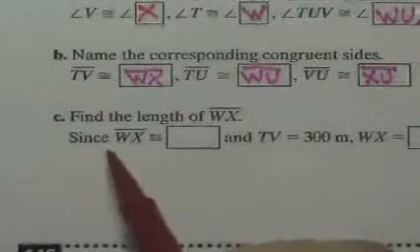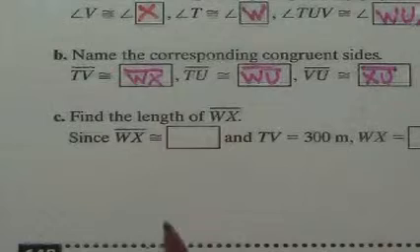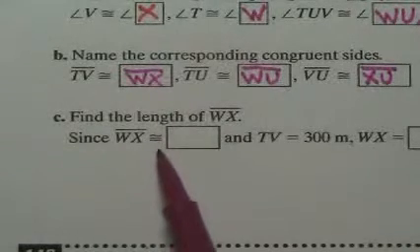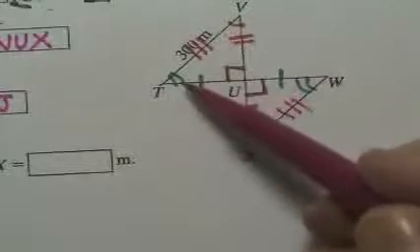Last one, it says, find the length of WX. Since WX is congruent to, and I look over here and I see that WX is congruent to VT, or TV, rather.